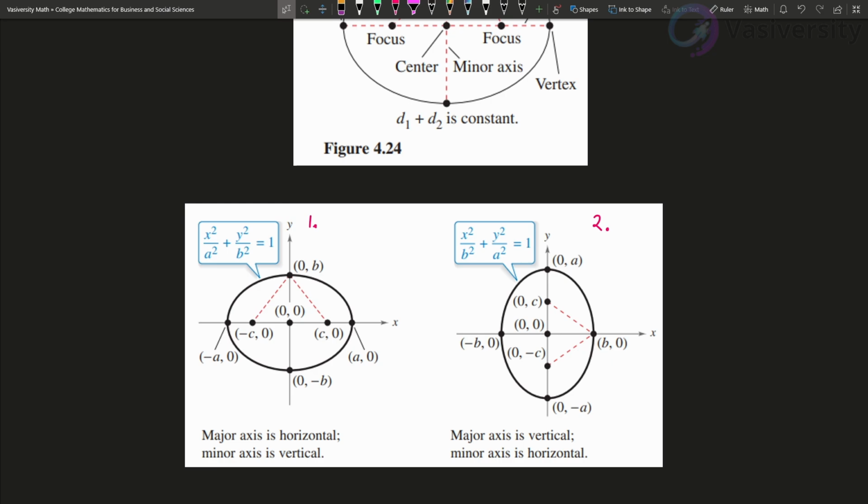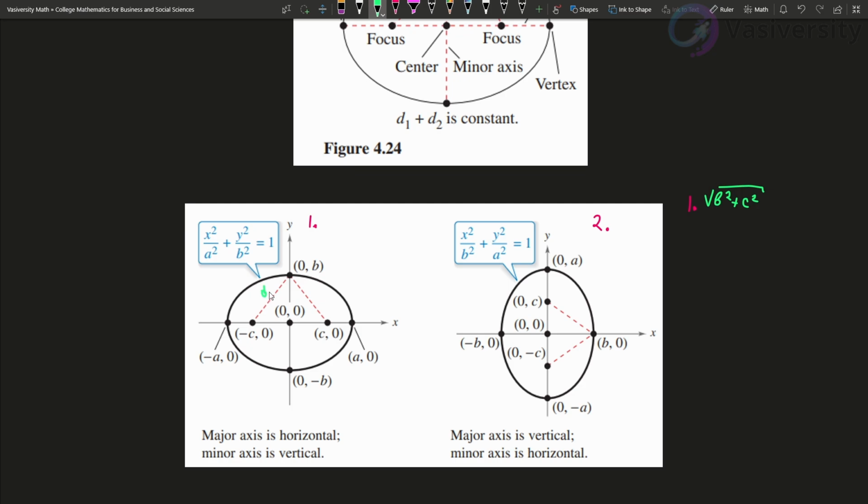Okay, perfect. So we also know that the sum of distances from the point to the foci is going to be related to c squared equals a squared minus b squared, right? And essentially, we can take this as an example. So for case number 1, the distance from the point on the minor axis, B, to the foci is going to be the square root of b squared plus c squared, from this side.